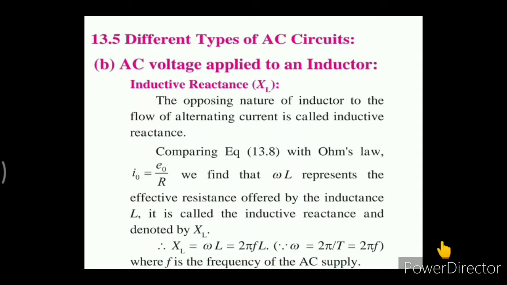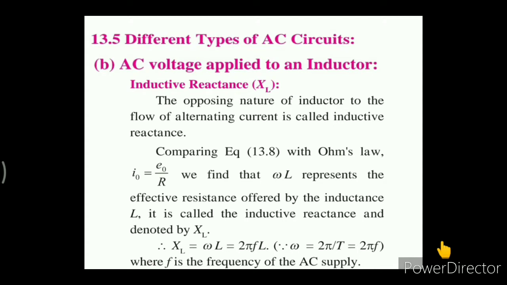Then next we have studied the inductive reactance, which is nothing but the opposition offered by the inductor to the flow of an alternating current, denoted as XL, where the value of XL is omega L, which is equal to 2 pi f L. From here we can say that the inductive reactance is directly proportional to frequency and also directly proportional to the self-inductance of the inductor.